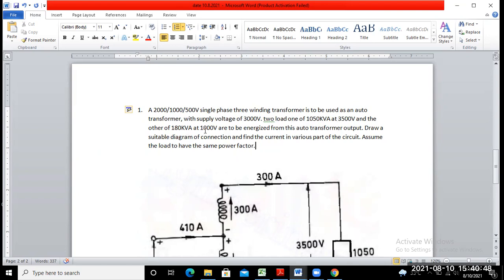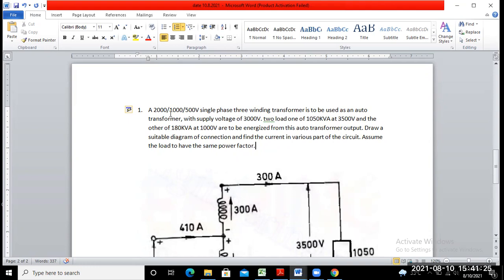In such a way you connect the 3 windings so that you get the proper voltage rating at the load terminals. The supply voltage required is 3000 volt, so two windings must be connected in series adding.